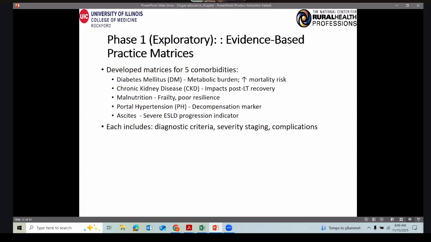These matrices are grounded in evidence-based practice, designed to help standardize how comorbidities are identified and classified across datasets. The idea is that by quantifying these conditions consistently, we can integrate them into the predictive modeling later, so that instead of just relying on the MELD scores, we also account for the broader health status of each patient.